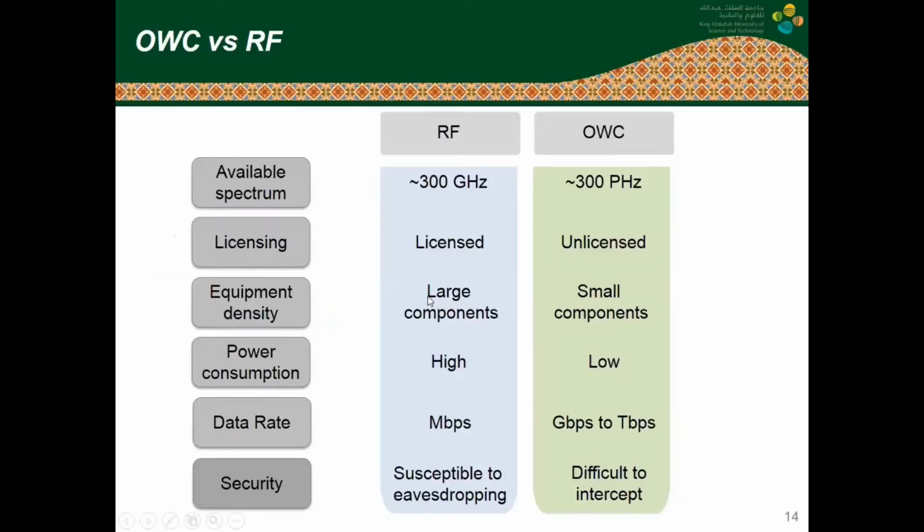In terms of equipment, we tend to have smaller components because we have smaller wavelengths, so the hardware tends to be smaller and more compact. Power consumption tends to be lower, so we tend to be more energy efficient. Given that we are dealing with smaller wavelengths, we are able to achieve much higher data rates.